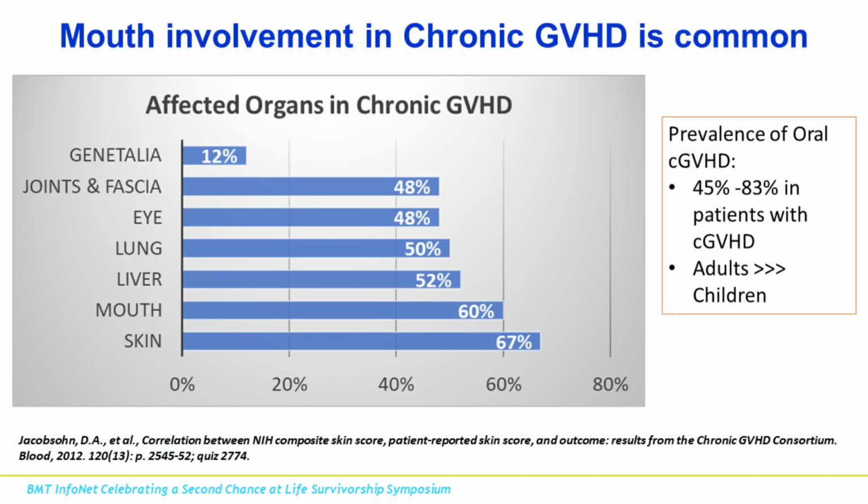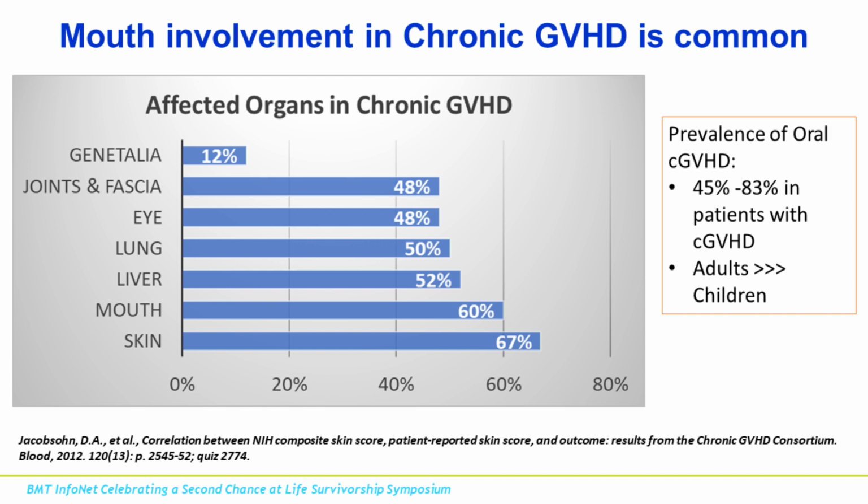As you can see from chronic GVHD, the most common area of our body that is affected is the skin. The second most common site, about 60% of the patients with chronic GVHD, is the mouth. But most of the mouth issues are very minor most of the time, but occasionally they can cause severe pain and other complications.